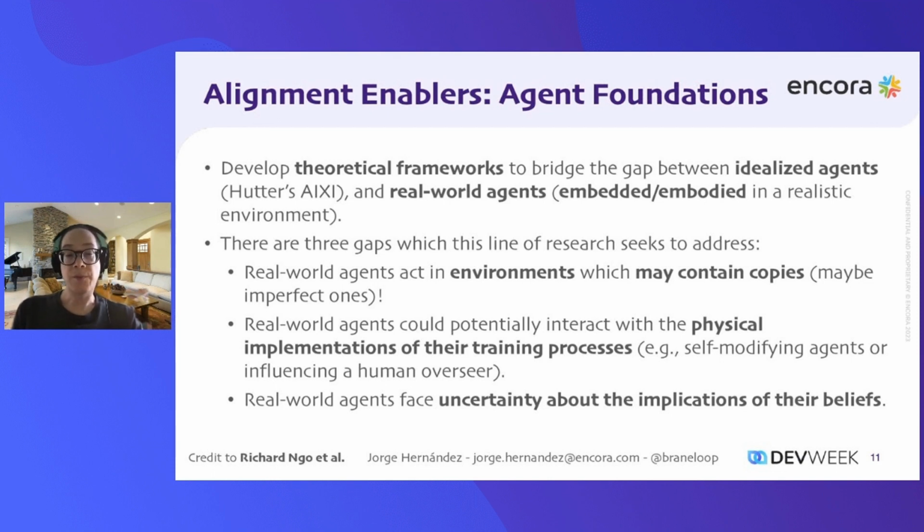And another problem is, of course, real world agents will interact with the physical implementations of the training process. That is, if you have a human that's training a model, the model can influence the human. And also, one of the big worries with AI is what are called self-modifying agents. You can have an AI system that can modify its own code.